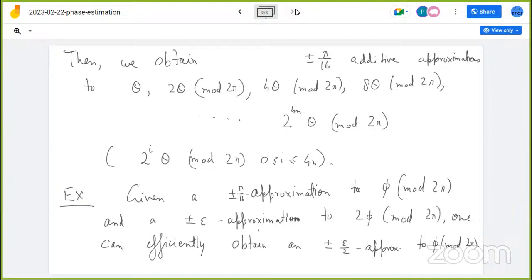Basically, 2 theta mod 2 pi has two solutions for theta mod pi. And because of the basis restriction, only one of them, and that one will be an epsilon by 2 approximation. Okay.